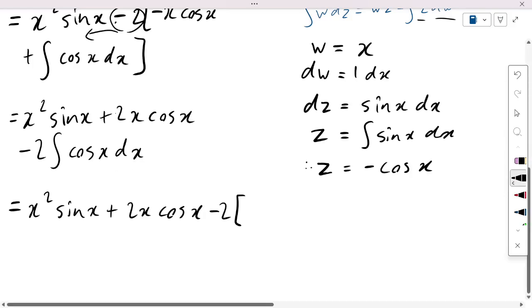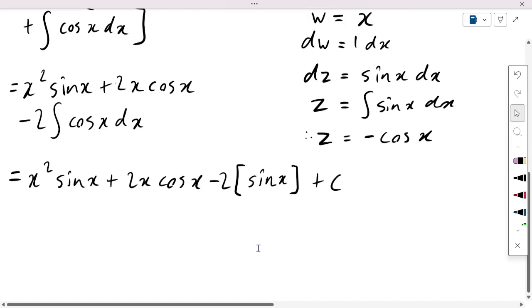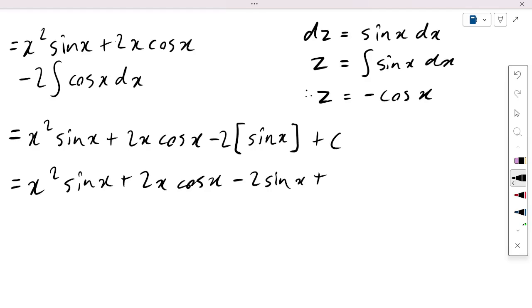The integral of cosine x is just equal to positive sine x. Okay, and then this is plus c at the end because we took the last integral. Therefore what we are left with is x squared sine x plus 2x cosine of x minus 2 sine of x plus c.